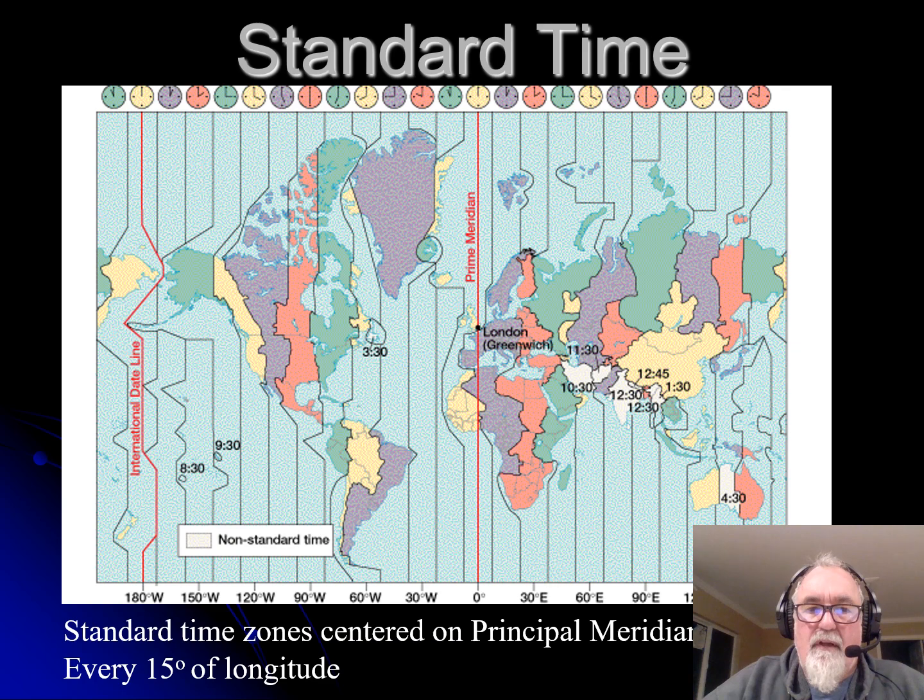So New York would be about 5 hours behind the time of London. Los Angeles is almost 120 degrees to the west of London, and that's 8 different time zones. So Los Angeles is 8 hours behind the time of London.